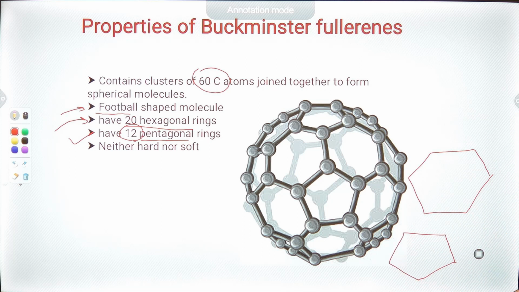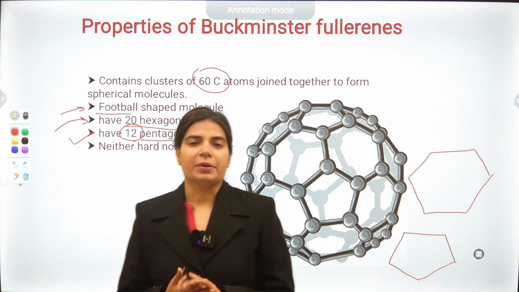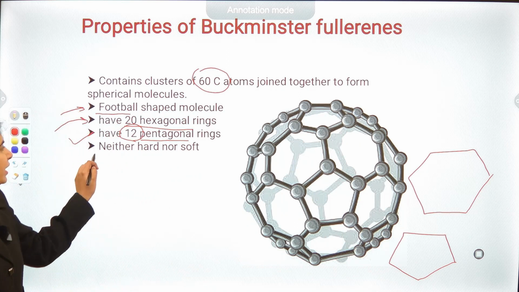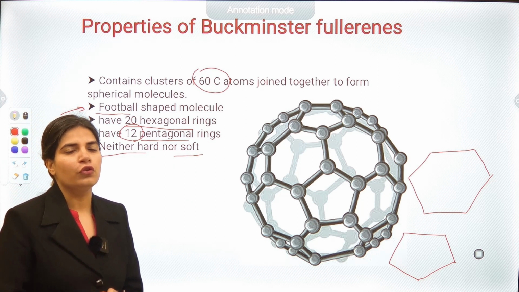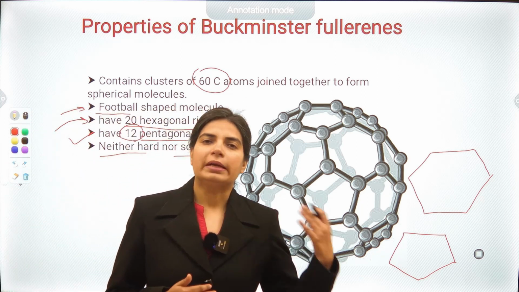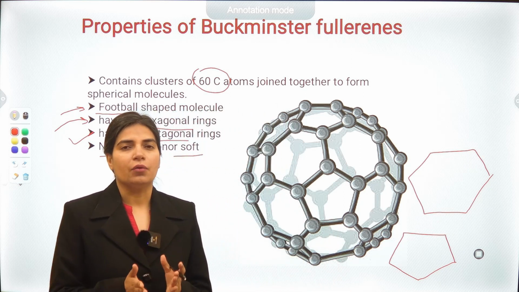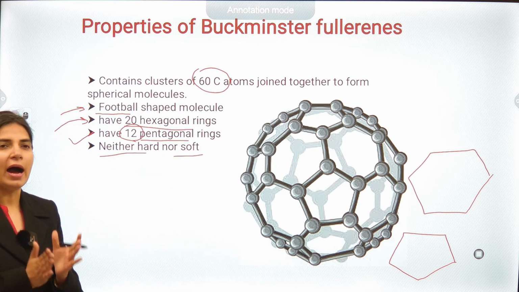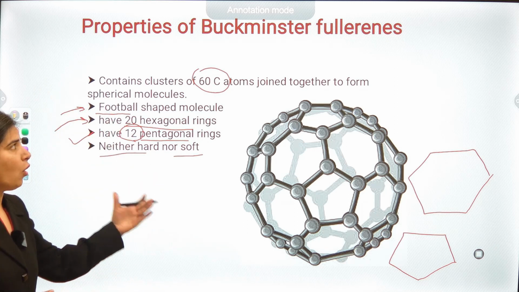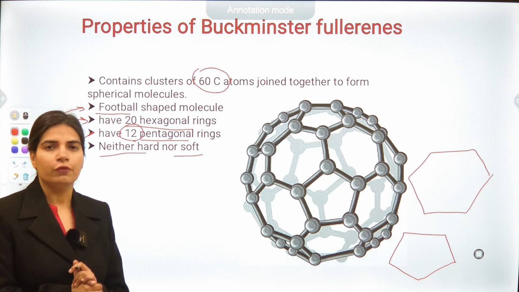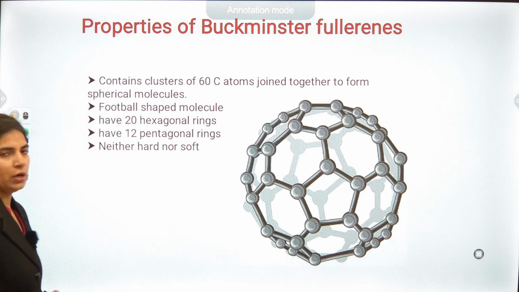This is our pentagonal ring. Now, the next property: fullerene is neither hard nor soft. This property of fullerene is different from diamond and graphite because fullerene has an intermediate level of hardness and softness. So this is all about the properties of fullerene, which is the third allotrope of carbon.